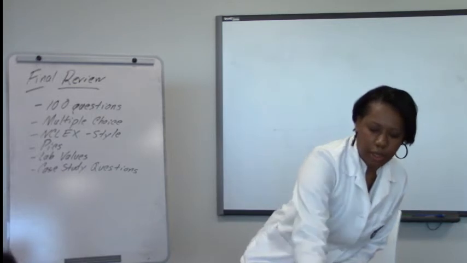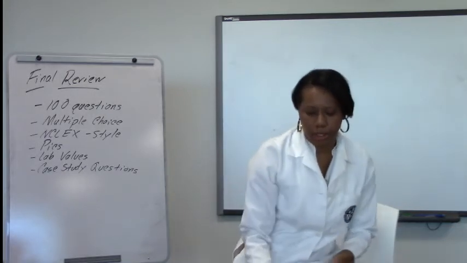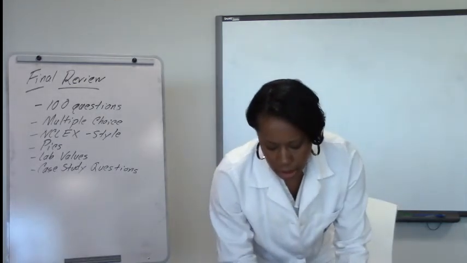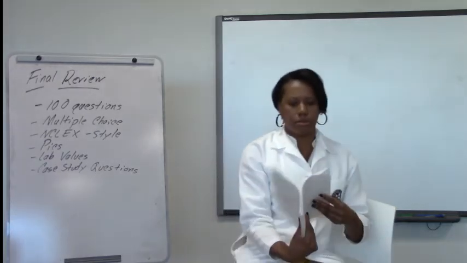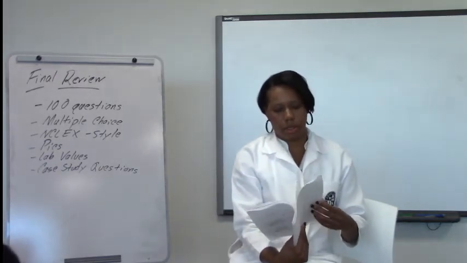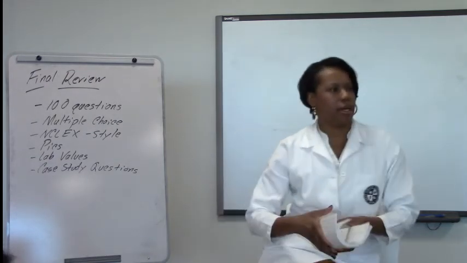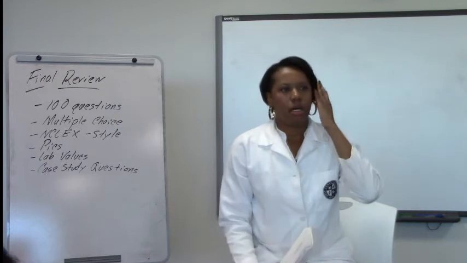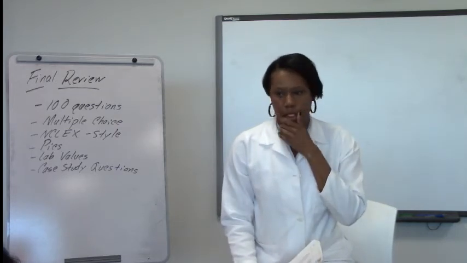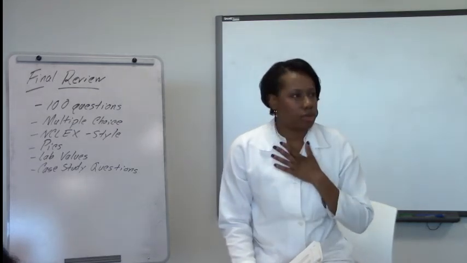Now, with chapter 11, with the leukemias and the lymphomas, some people found that particular test difficult, and some people found it easy. For the most part, I think a lot of people had some issues with it. I thought it was straightforward.